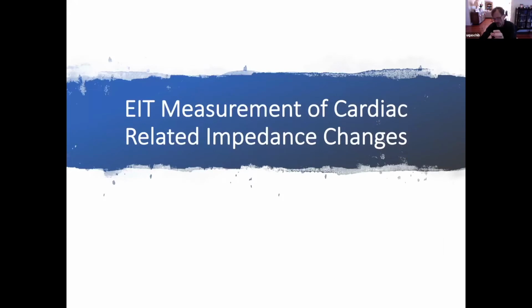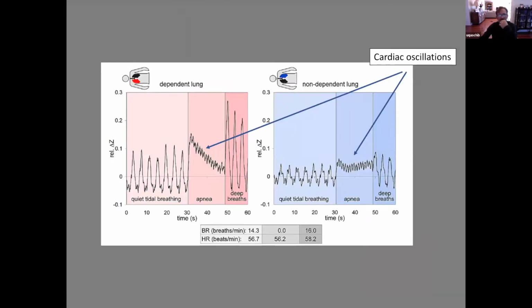Now, ventilation is not all. We need to look at perfusion. And it's quite easy to pick up, if you have an adult breathing, that there are a lot of artifacts on an EIT signal. It's actually not artifacts, it's cardiac oscillation.